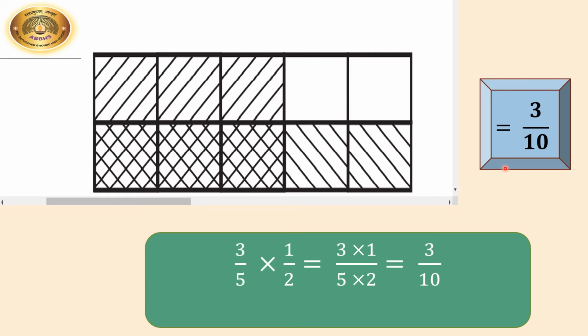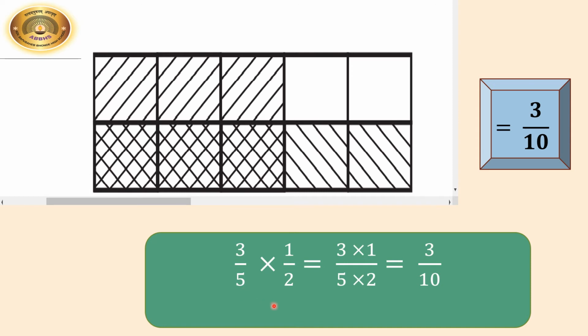We carry out the above multiplication like this. 3 upon 5 multiplied by 1 upon 2. While doing multiplication of fractions, multiply numerator into numerator and write the answer, that is the product, in the numerator.